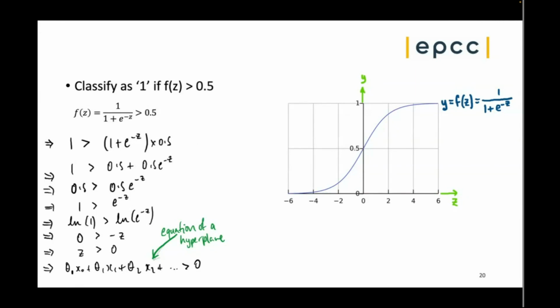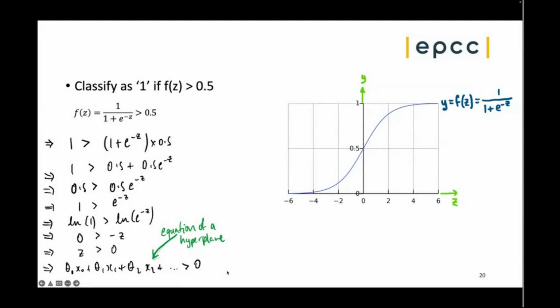There's no magic here. But if we solve this, what we end up with is that we will classify as 1 if and only if this equation ends up being greater than 0.